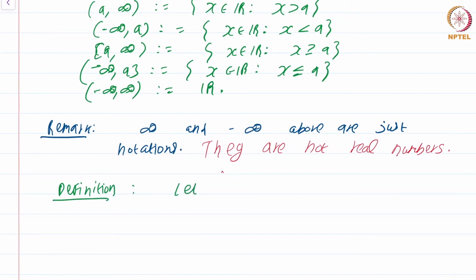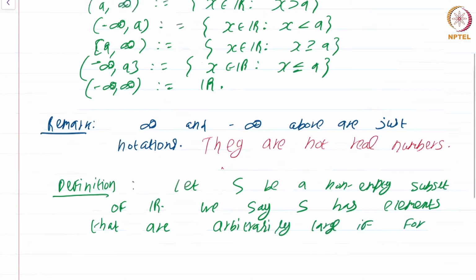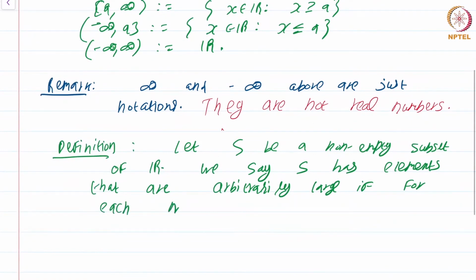Let S be a non-empty subset of R. We say S has elements that are arbitrarily large if for each natural number n in N we can find x in S such that x is greater than n.